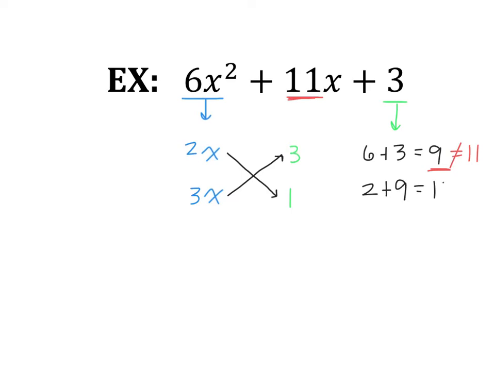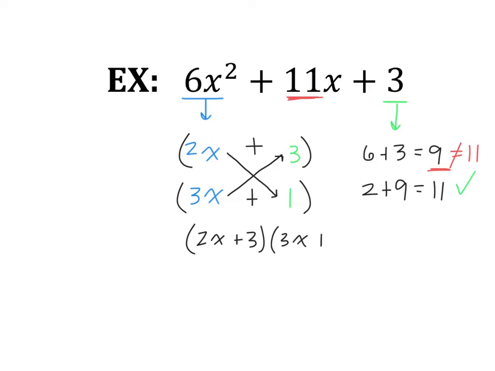Well, that gets us 11, which is what we want. So that's good news. So what we can do is now we can group these. So we're going to group them straight across. 2x, it's got to be a plus 3. 3x, it's got to be plus 1. So our two factors, 2x plus 3 and 3x plus 1.